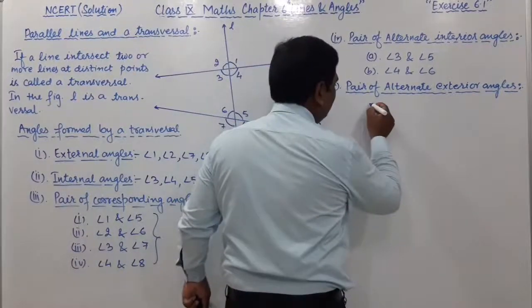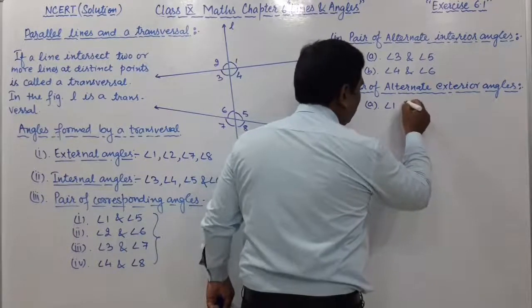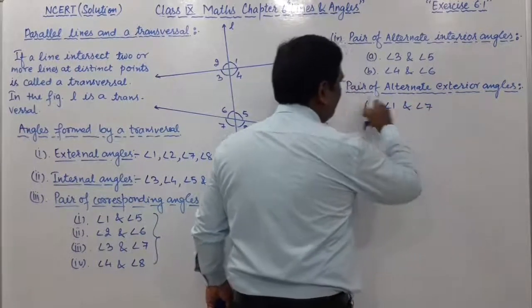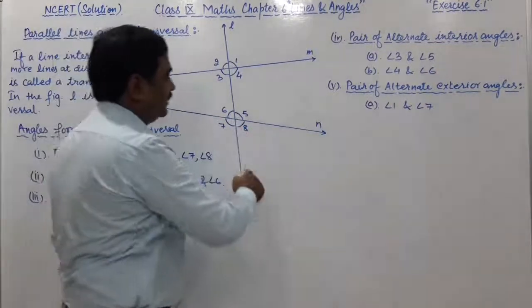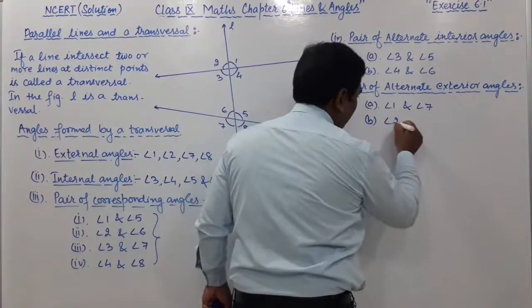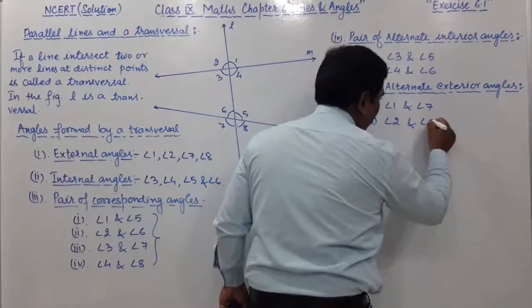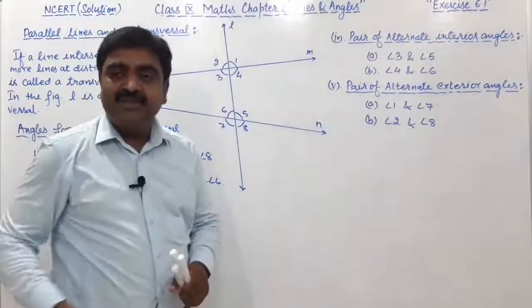Angle 1 and angle 7, they are a pair of alternate exterior angles. So angle 2 is alternate to angle 8, second pair, angle 2 and angle 8. Right students, any confusion in this?